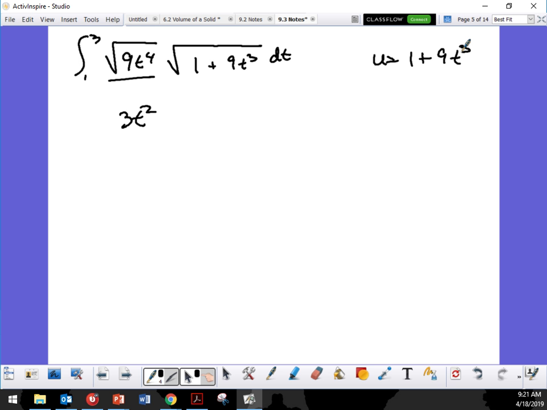When I do this, I'm going to have du equal to 27t squared dt. And I'm going to do something kind of weird here. I'm going to divide both sides not by 27, but by 9. So this is going to be 1 over 9 du is equal to 3t squared dt.